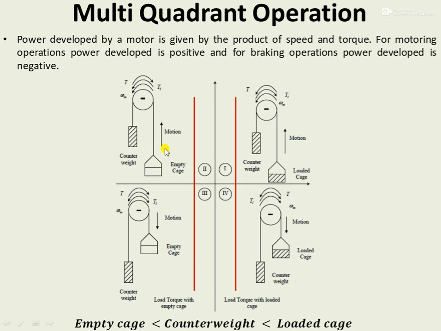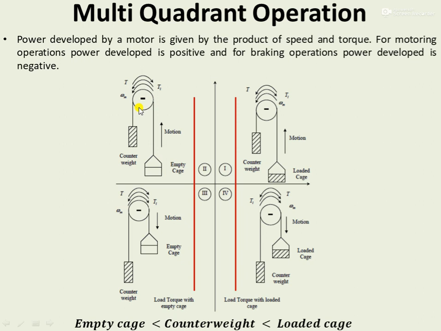That is, the motor will be producing a torque in the clockwise direction, so that the torque produced by the motor will help to provide the sufficient braking required for the upward motion of this empty cage.